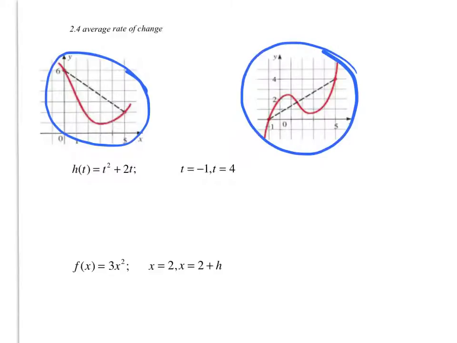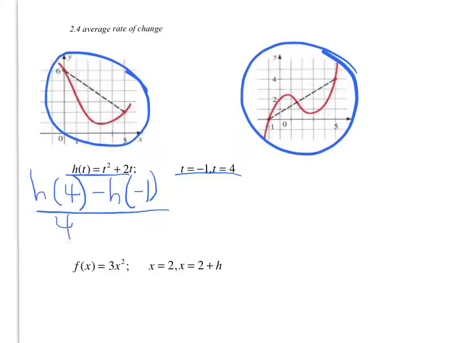To do these algebraically, it's just a matter of using the definition. So to find the net change of this function on this interval, you would find h of 4 minus h of -1 divided by 4 minus -1.